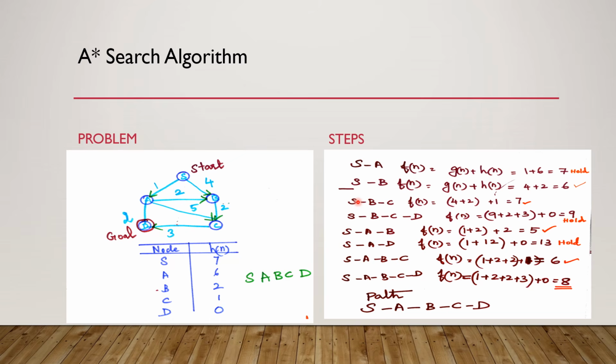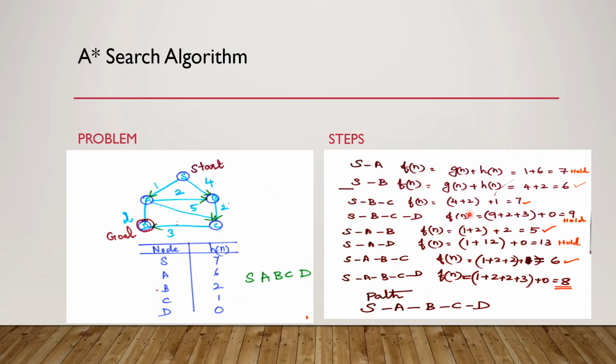So S to B to C, f of n value. Here is also a very important note: the G of n is not only the particular path cost from the start node to the particular node, we should consider the total path cost. So 4 plus 2, and then what is the C heuristic value given in the tabulation? 1.